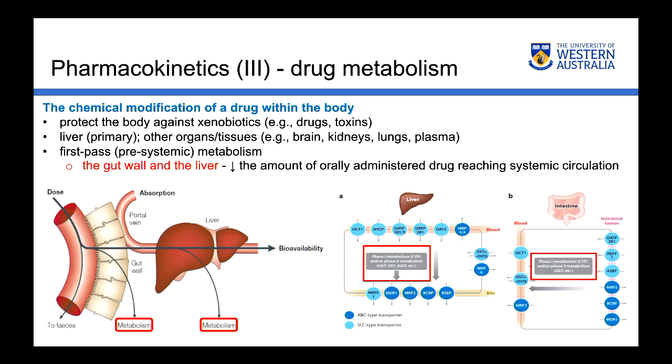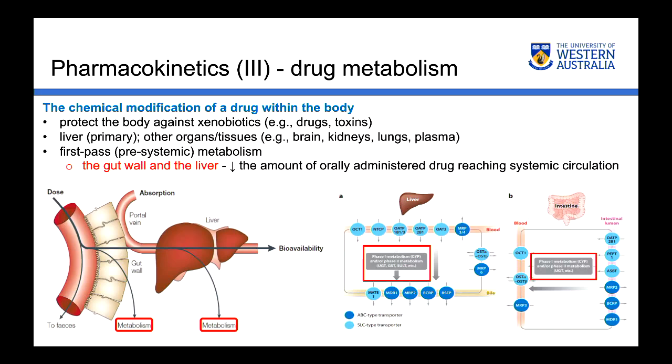So if a drug undergoes extensive first pass metabolism in the gut wall and the liver, then the bioavailability of the drug is going to be low, and that's something we need to consider when we design a drug. We don't want that to happen, otherwise you need to increase the dose of the drug, or the drug is not going to be good at all.